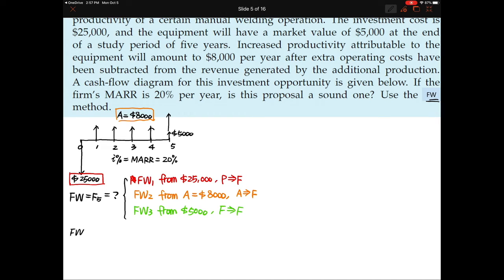So FW1 is to find F given P, right? So the equation is going to be P times F/P, MARR, N. And P here is 25,000.